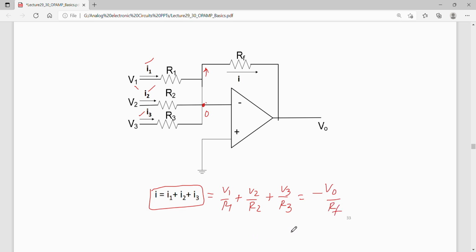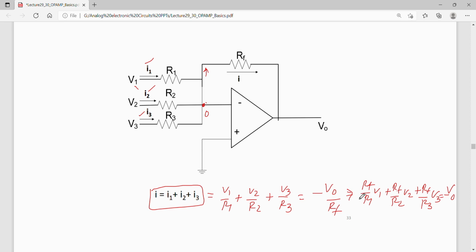If I bring RF on the left hand side, then this would become RF by R1 V1 plus RF by R2 V2 plus RF by R3 V3, which will be equal to minus V naught.